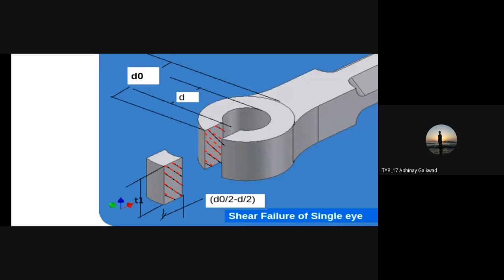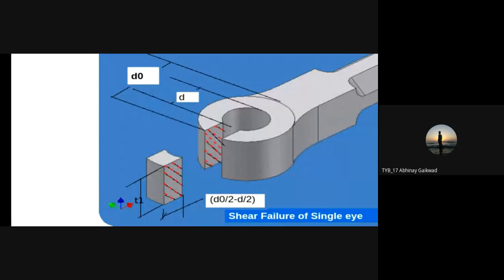Now we have not used this convention of RO and R. What we have used is DO and D, that is the outer diameter of the eye, and D is the inner diameter of the eye, which is equal to the diameter of the pin. So to calculate RO and R, we write DO divided by 2, that will become the radius of the outer circle, minus D divided by 2, that will become the radius of the inner circle.